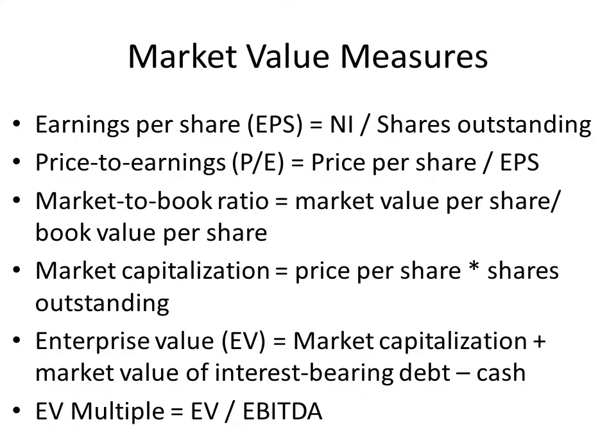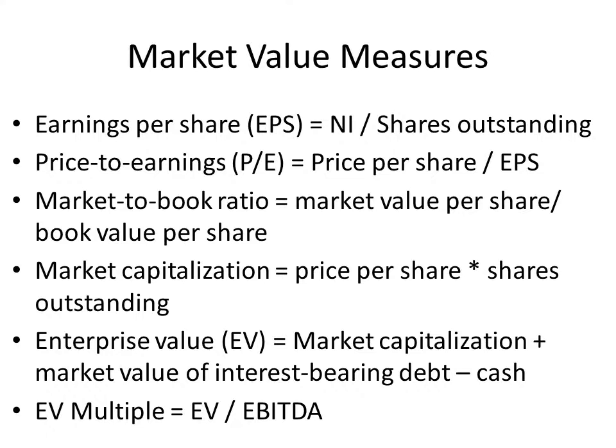Next, we'll talk about price to earnings. Basically, this is usually called PE ratio, and it's just the price per share divided by the earnings per share, which we just calculated. Where do I get price per share? Well, that's a stock quote. You can get that on Yahoo Finance or from the Wall Street Journal, any number of places. That's just the price of the firm's shares on the market. You can think of PE ratio as being what people are willing to pay for a dollar of earnings.